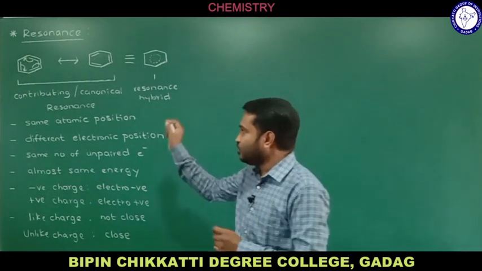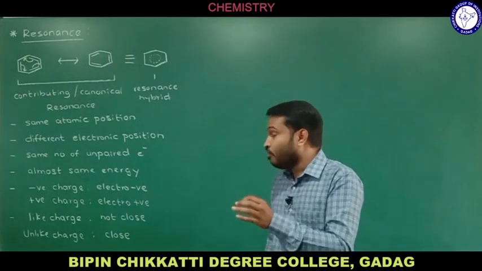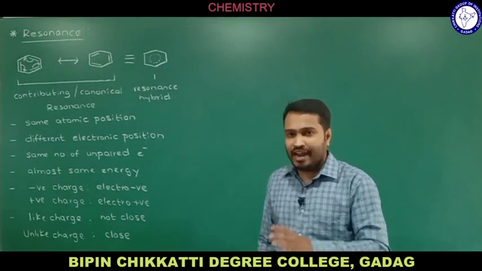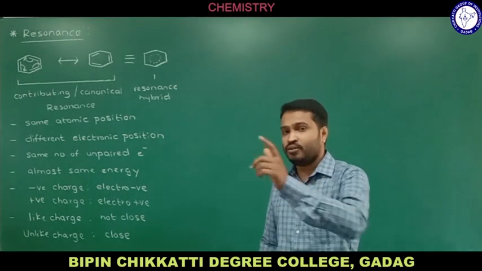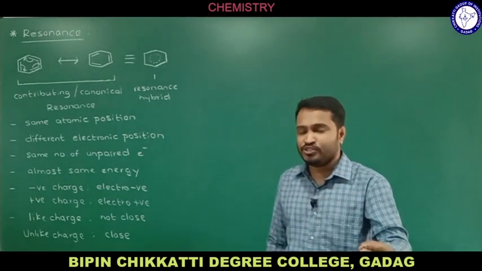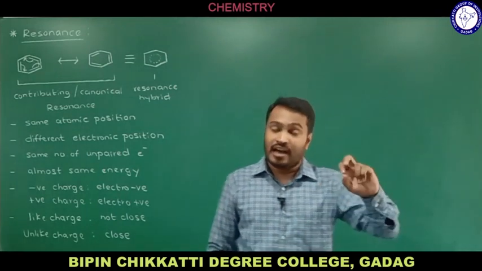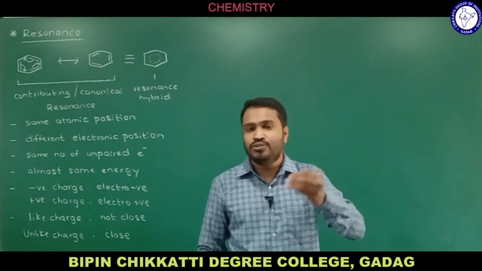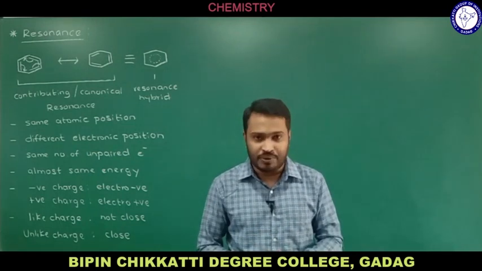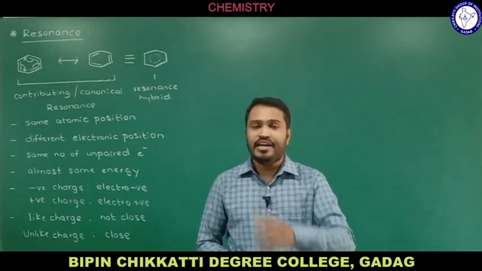Remember that the atomic position should be same, electronic position should be different, number of unpaired electrons should be same, they should have almost same energy, and the negative charge should be present on the electronegative element and the positive charge on the electropositive element. And if there is a chance of like charges and unlike charges, that depends on how the stability of the molecule can be explained. So all these are the rules or conditions to write the resonating structures.